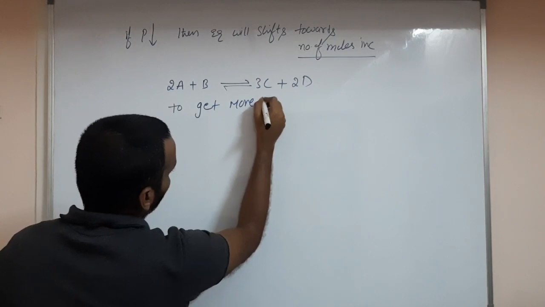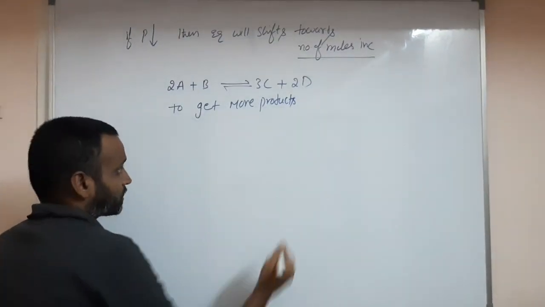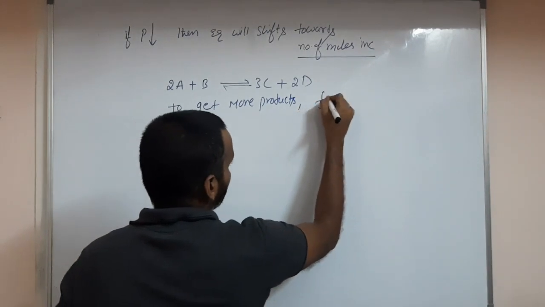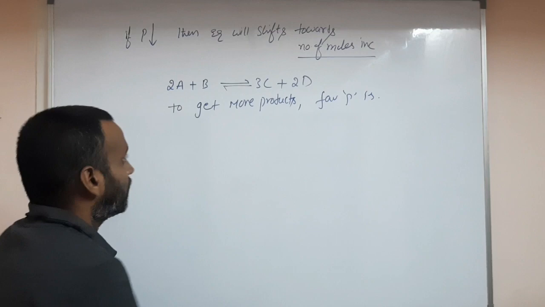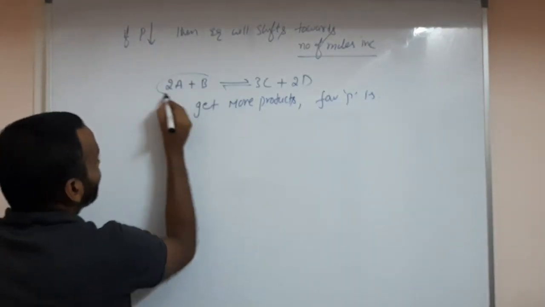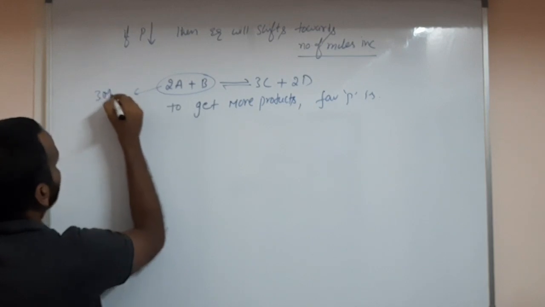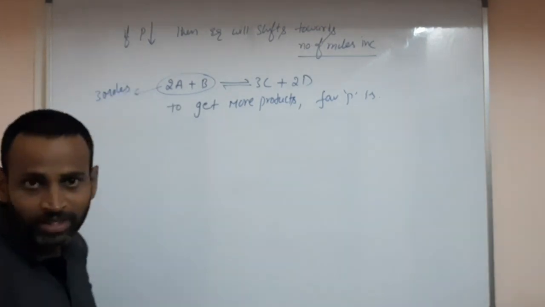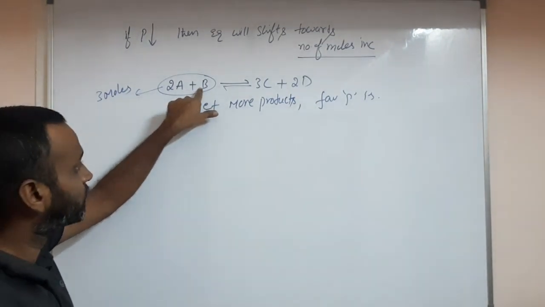To get more products, what is the favorable pressure, if they ask? Very simple. In the reactants, how many moles do you have? Here you have 2, here 1. So 2 plus 1, 3 moles.